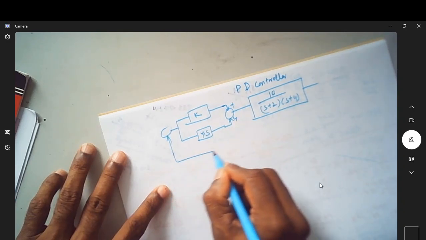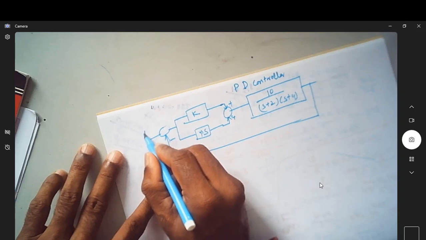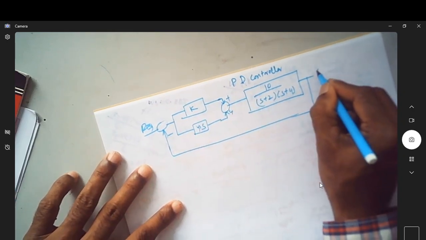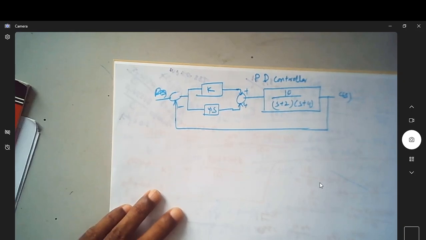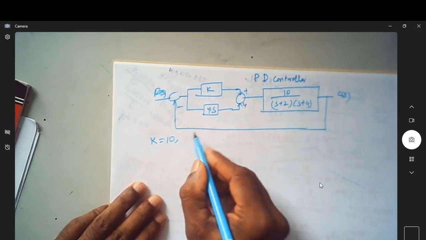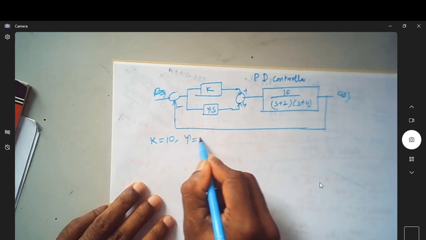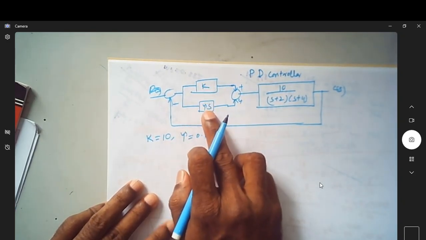Let me have a unity feedback. So this is R of S, this is C of S. Now let us take the value of K as 10 and the value of tau as 0.1.